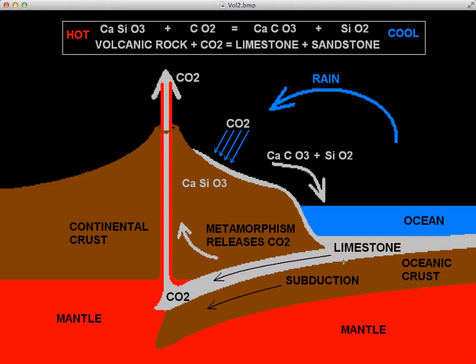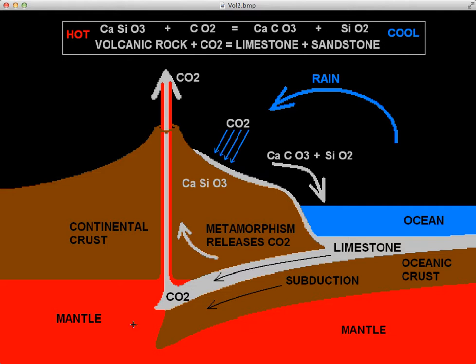limestone. Now, over a very long time the tectonic plates do move, and in this case the ocean crust is being subducted under the continental crust, and it's pulling the limestone with it, and so the limestone is ending up down in the very, very hot mantle where the limestone gets heated.